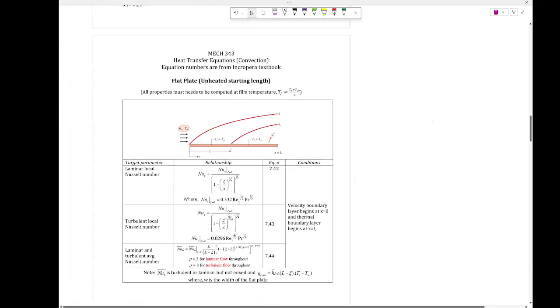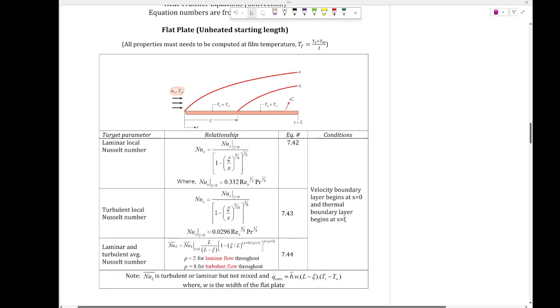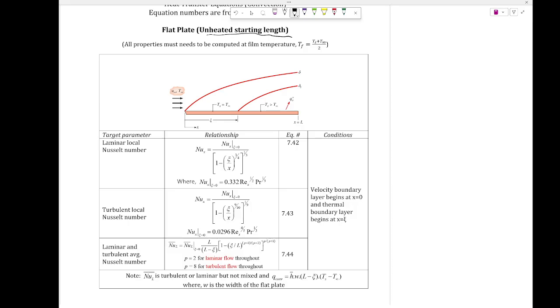Oh, by the way, I didn't quite show you this thing. I haven't done any math, and I don't plan to do any math either. But in your book, you'll see the unheated starting length. What does it mean? This is not external, internal flow, by the way. So unheated. Isaac, just take a look here. You see, unheated starting length means, say this is the plate, right?